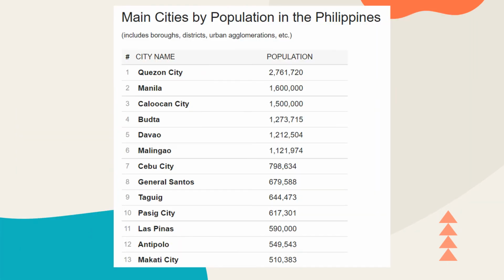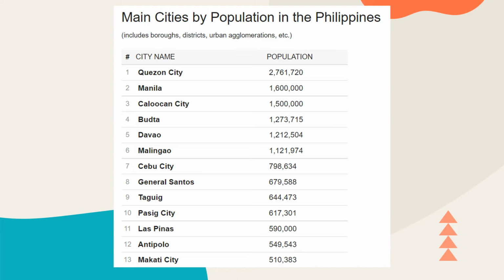This is also the main cities by population in the Philippines. As you can see here, this is October 25, 2021.